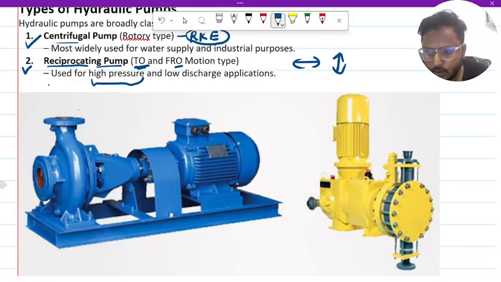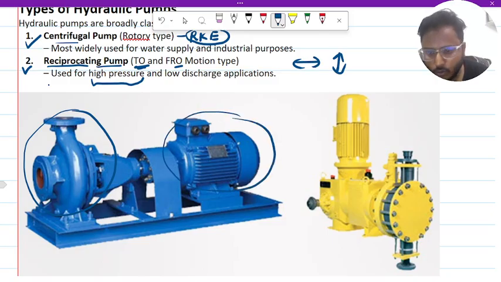This is the pump, and this is the motor. The motor is an integral part, so that the component inside the pump can be rotated, and this rotational kinetic energy is transferred to the fluid.